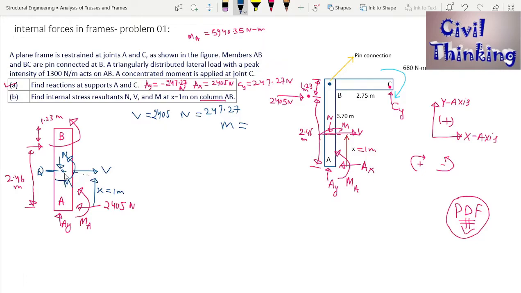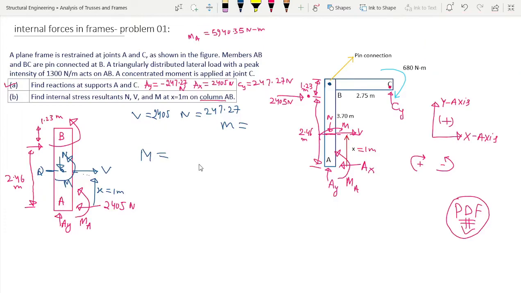Now we have to find the moment at x equal to 1 meter. Again, diamond cuts the diamond, iron cuts the iron. We are going to find the moment with the help of the moment equation. This moment M is equal to how much? First of all we will consider AQ. Here is MA, the moment at A, which is 5940, but MA is anti-clockwise, so it is negative: minus 5940.35, because we found MA before.